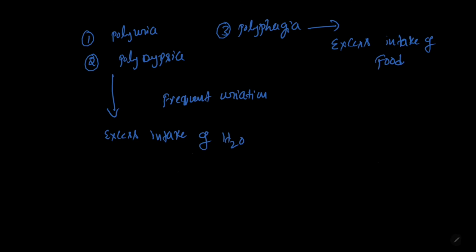Now which parameters have to be tested? For the diabetic profile, mainly fasting blood glucose, postprandial blood glucose as well as HbA1c. So mainly these three parameters will be tested. Next, what is the normal range of these parameters? In case of fasting, for normal people it is up to 100 mg per dl.